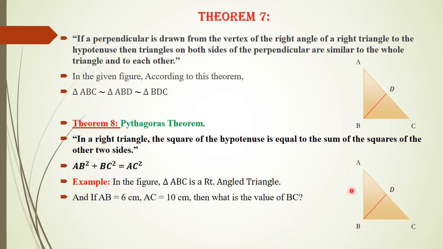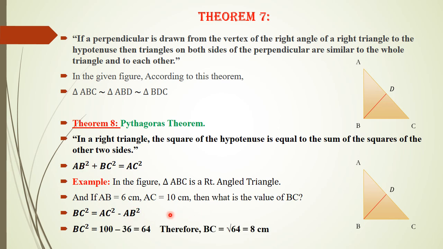Now if I write it in the form of the Pythagoras theorem, I can write that AB square plus BC square is equal to AC square. But I know the AB value and AC value, I don't know the BC value. Therefore, keeping BC on the left side, I will take AB to the right side of the equal sign. Therefore, BC square is equal to AC square minus AB square. Now if I substitute, AC is 10, so 10 square is 100, and AB is 6, so AB square is 36.